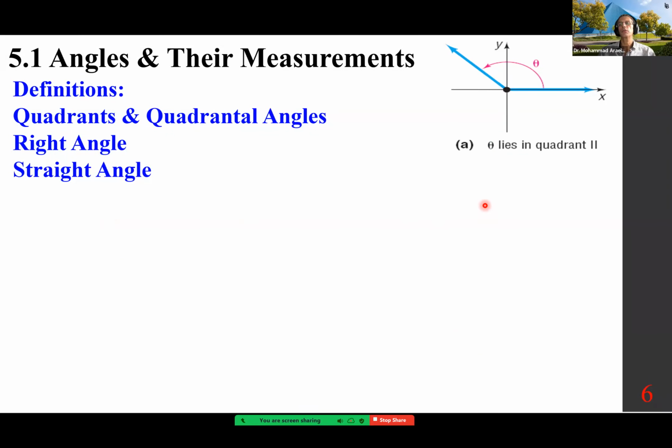So let's continue with the thoughts. In this case, clearly theta lies in the second quadrant, right? Between 90 and 180 degrees. What about here? In the fourth quadrant, it's between 270 degrees and 360 degrees.